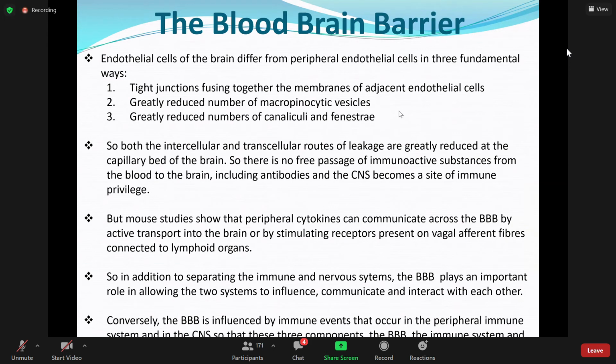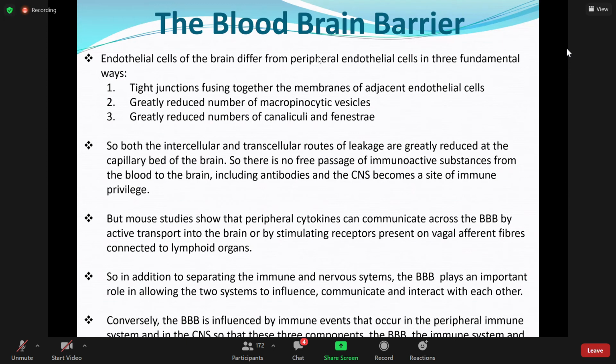Studies on mice also show that endothelial cells lining the blood-brain barrier express pattern recognition receptors like TLR4, which can respond to LPS when LPS is injected intravenously into these mice.